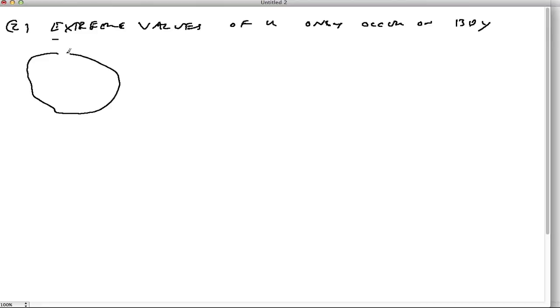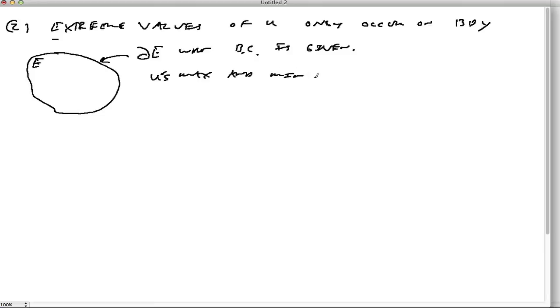So if we have a simply connected set, we'll call it E, and I have some boundary, partial of E, where a boundary condition is given, what I'm saying then is that u's max and min are on the boundary.